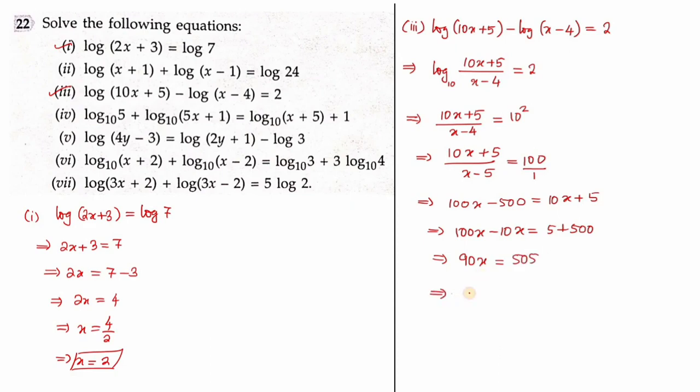So you have x is equal to 405 by 90. So do the cancellation with 5. So your answer is x is equal to 81 by 18.